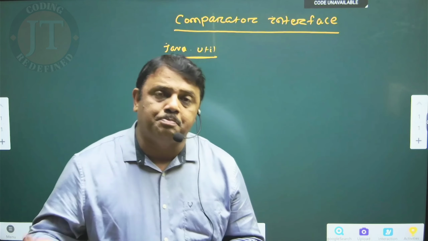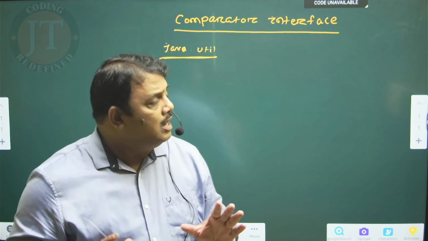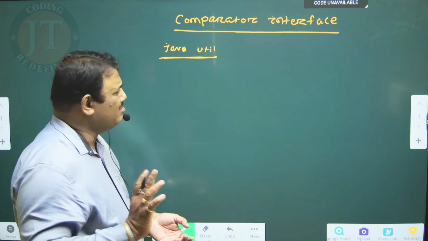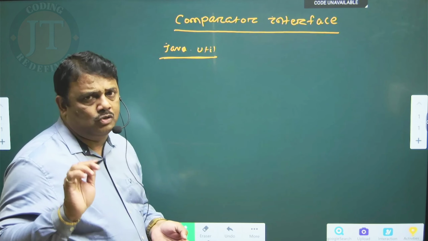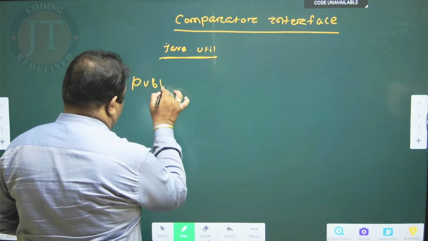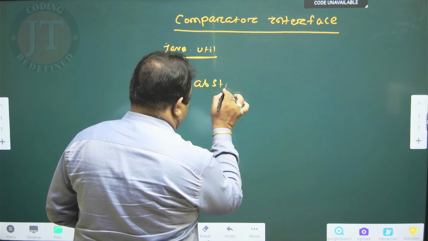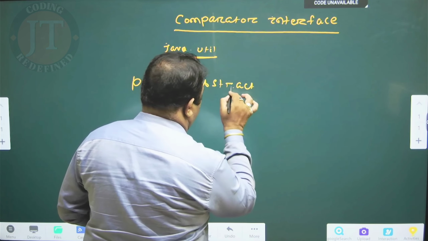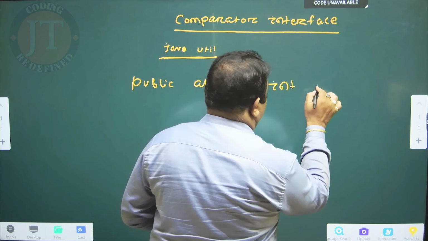Now, how is it possible that it stores the elements in a customized order? Now, you check here, this interface contains two methods. The first method is public abstract int compare.